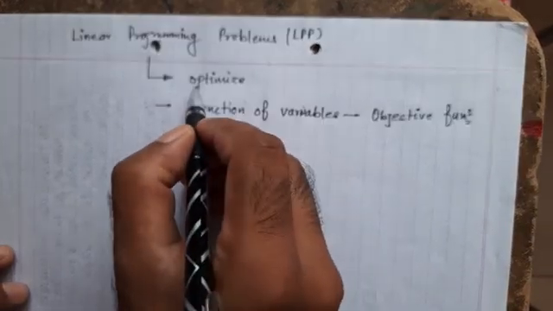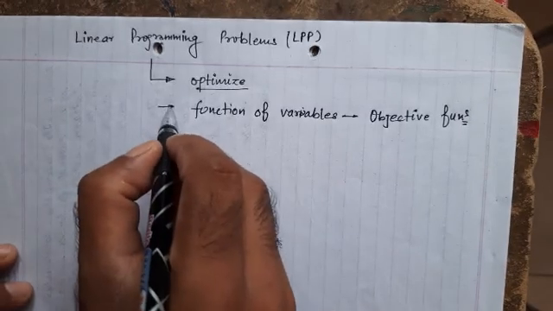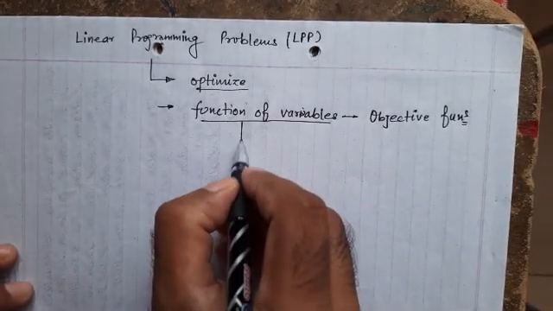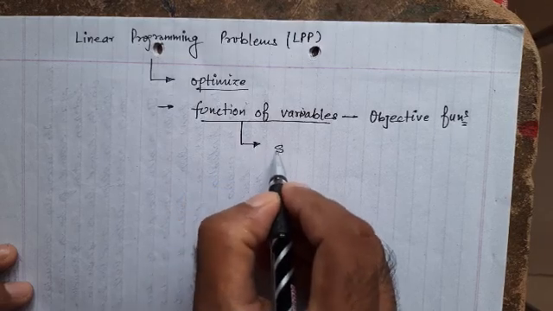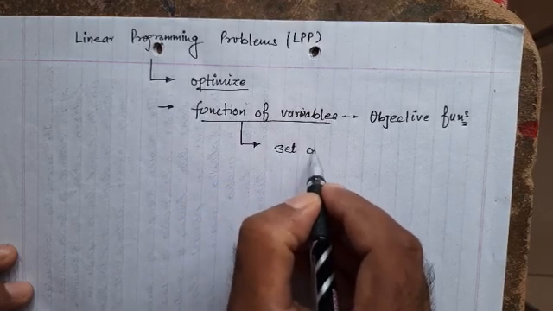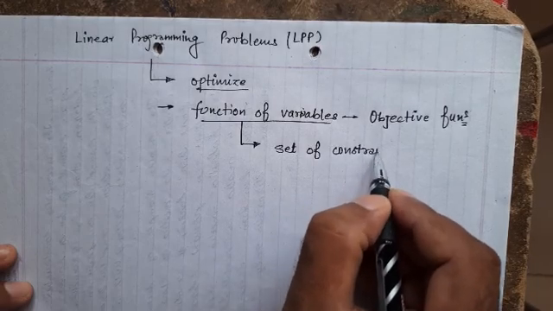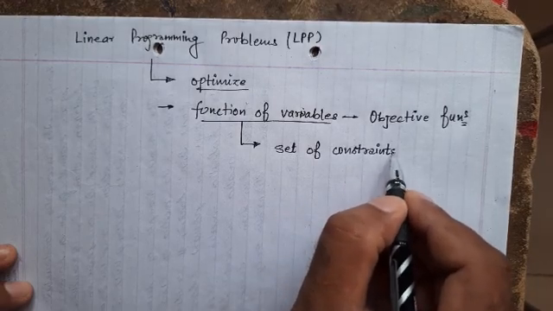So it optimizes a function of variables, and this particular function is subjected to some set of constraints.